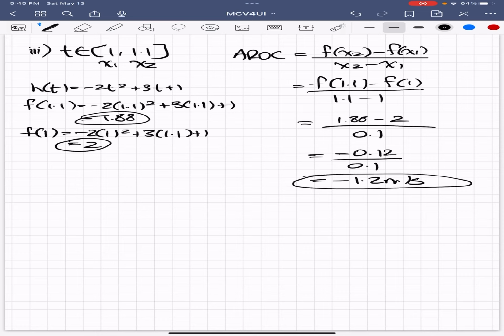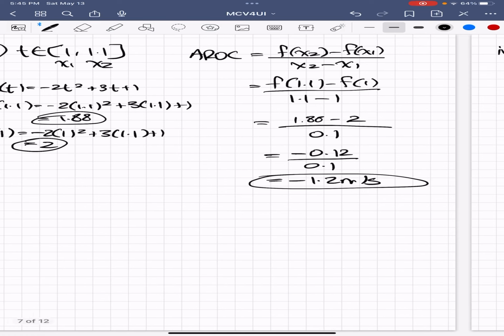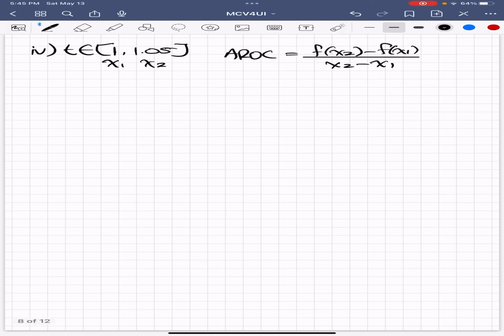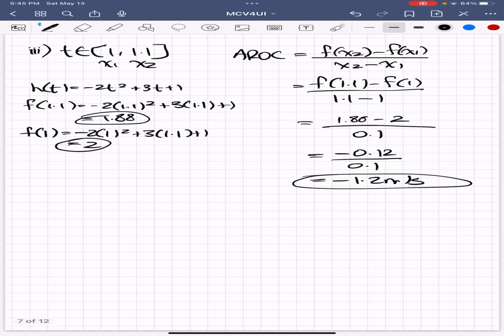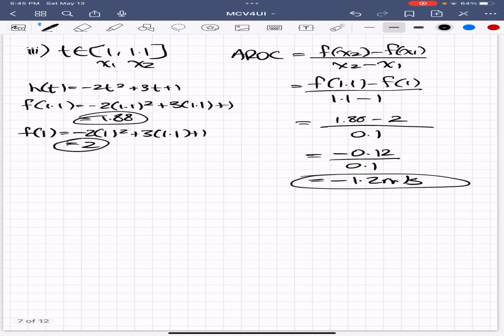And our answer is negative 1.2 meters per second. I'll give you a moment just to write that down, and let's move on.